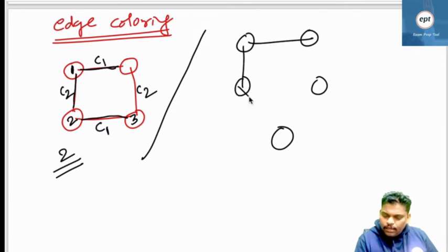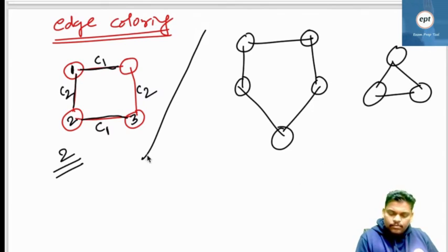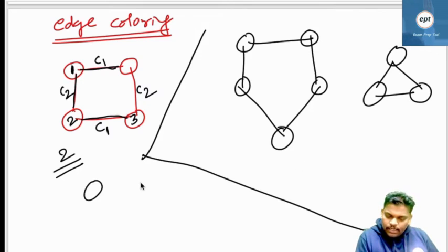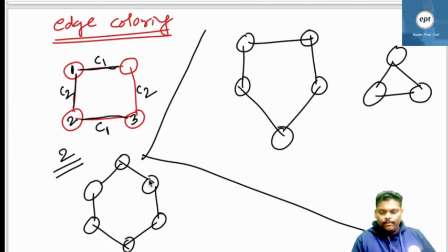Can you try how many colors are required for edge coloring of these diagrams?